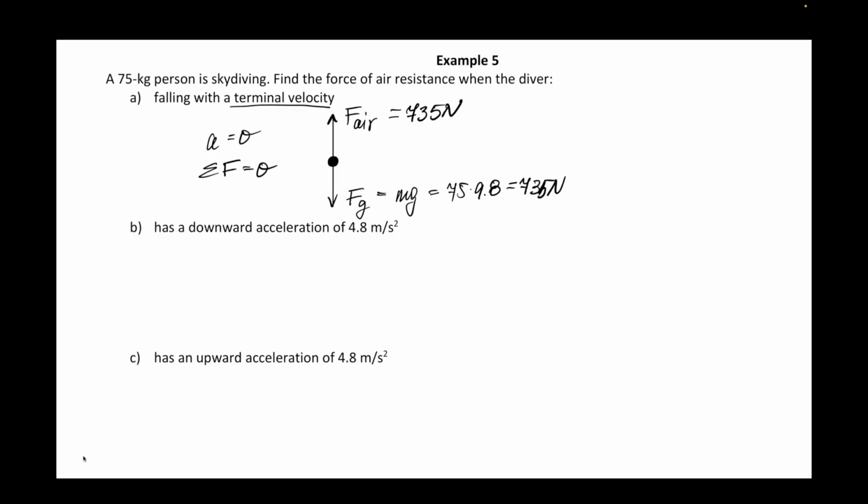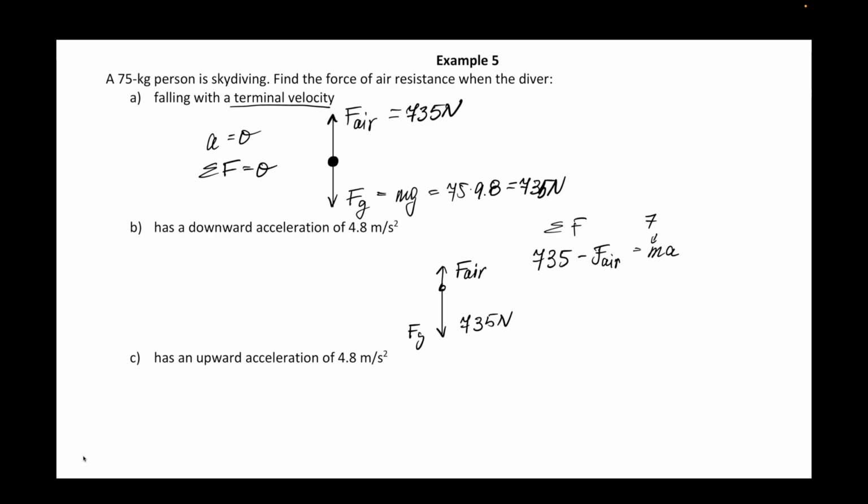If we have a downward acceleration, that means that the downward force is greater. So force of gravity, I'm not going to change. It's still 735 newtons of gravity because it's the same person. Air resistance is less. So I'm going to say 735 minus force of air is our net force, equals mass times acceleration.